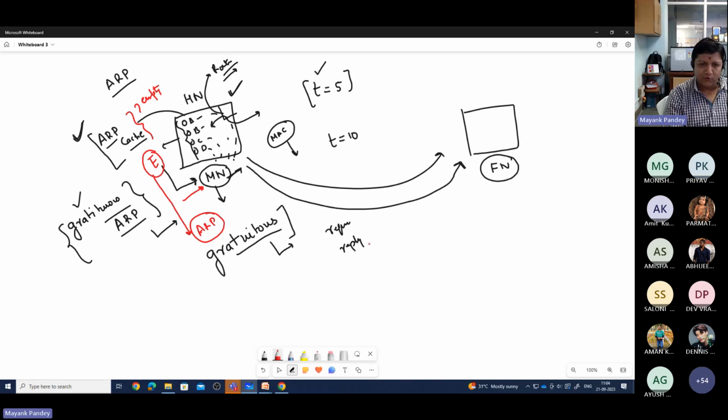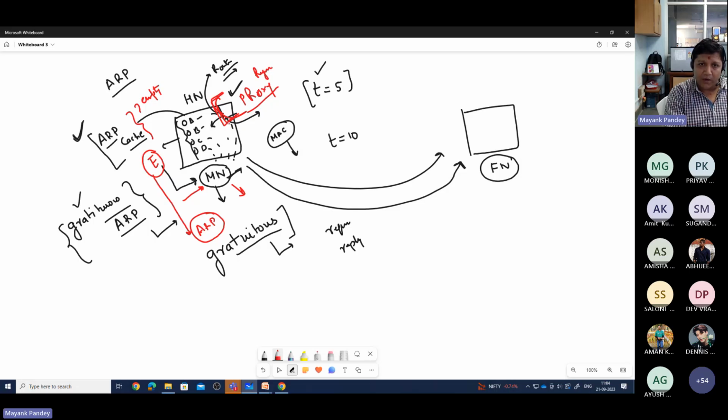It will send a gratuitous ARP. Who will send it? The home network. In that case, that is not known as gratuitous ARP. It is known as proxy ARP. If a home agent gets an ARP request trying to get the MAC address of a mobile node which has already moved away, this is known to the home agent because of registration.